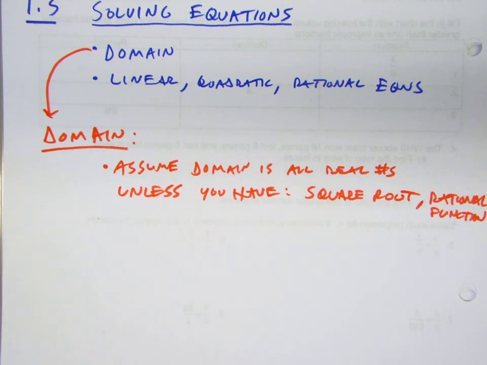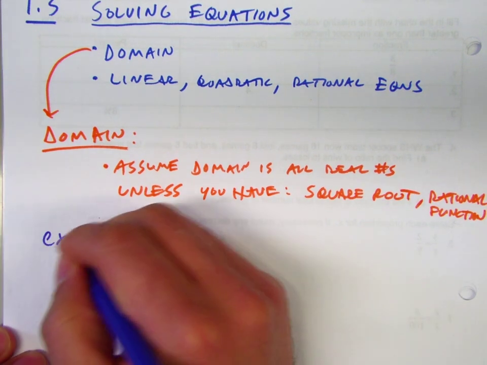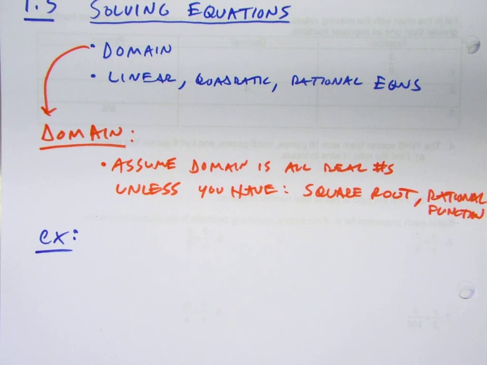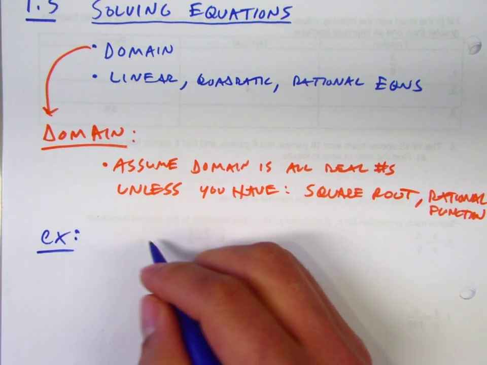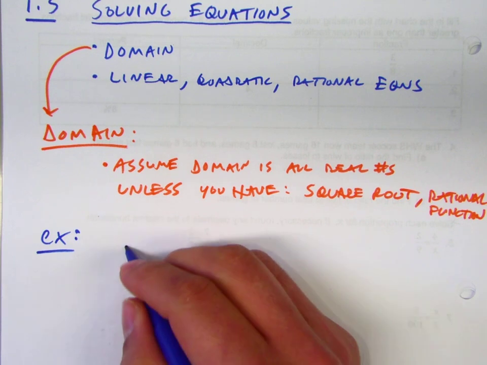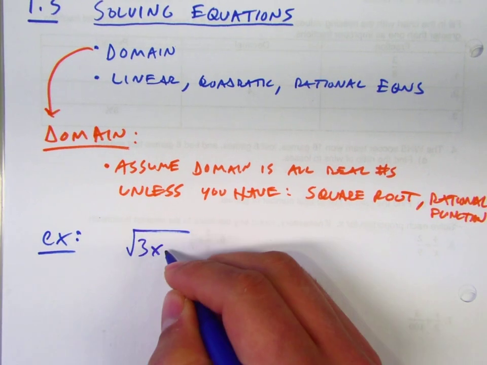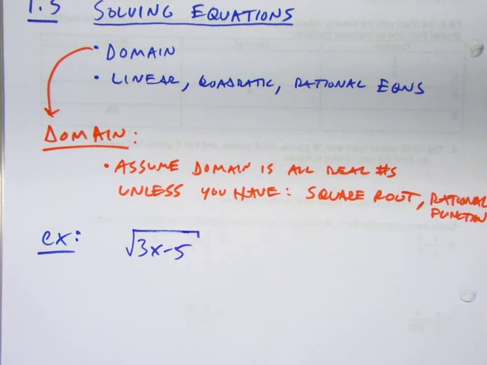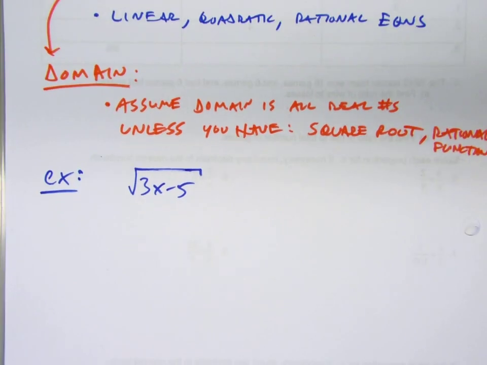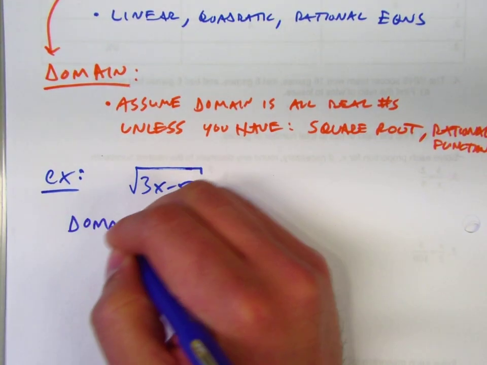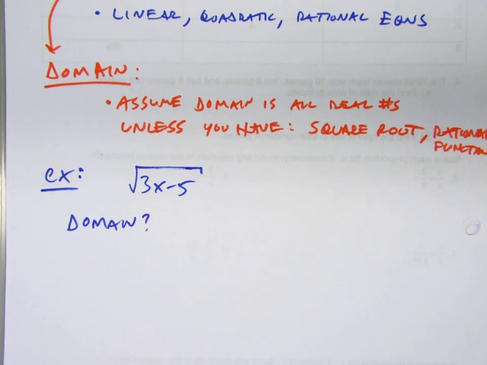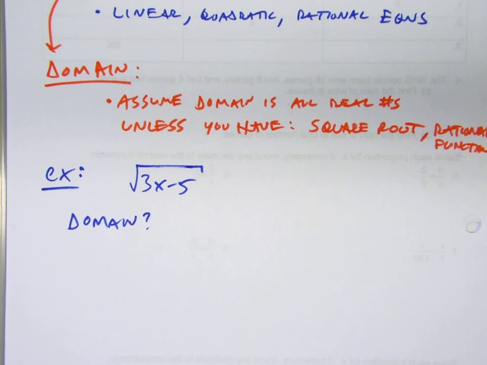Okay, and with that being said, let's say we have an expression like the square root of 3x minus 5. And we want to know what the domain is. Remember that domain is just the allowable values for x.